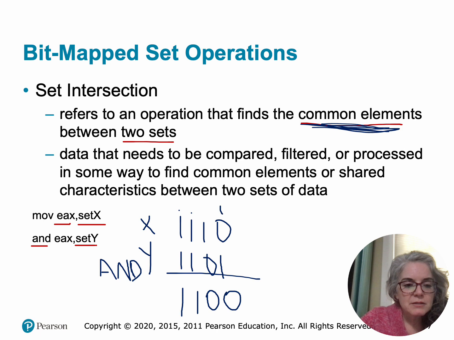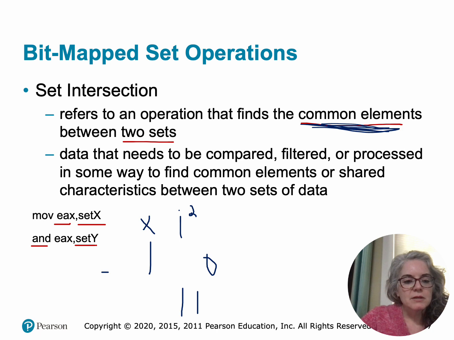Remember, we start counting at 0. This is bit 0, bit 1, bit 2, and bit 3. So we could see that those are the only two that are common. Okay, let's erase all this and go to the next slide.